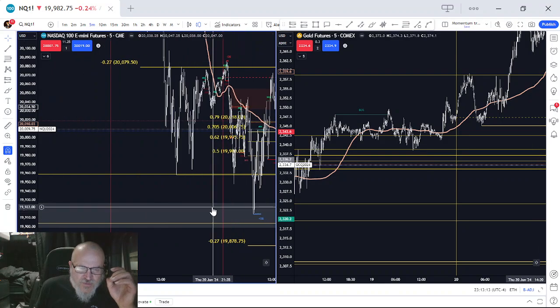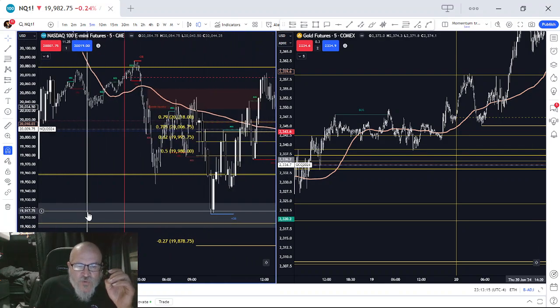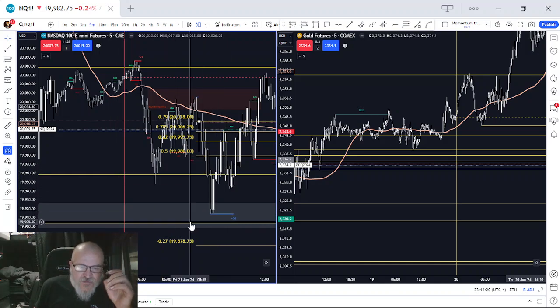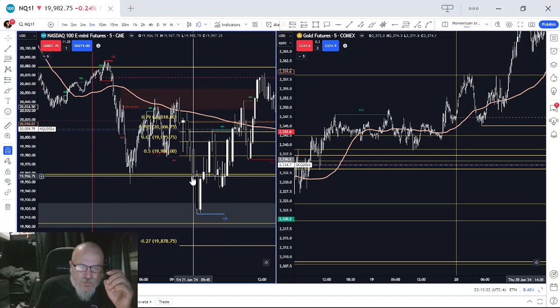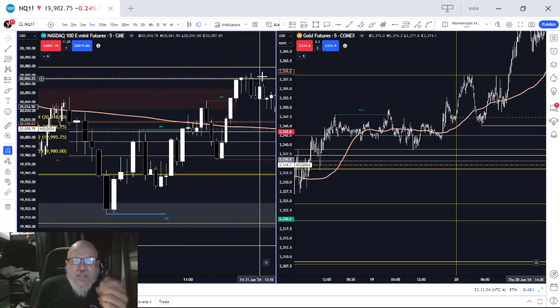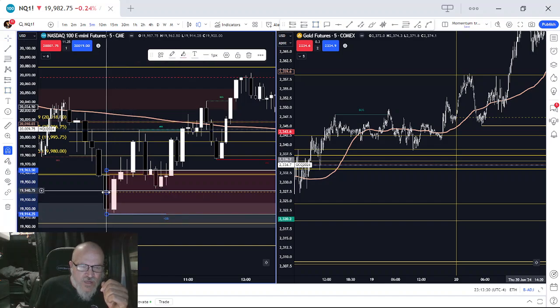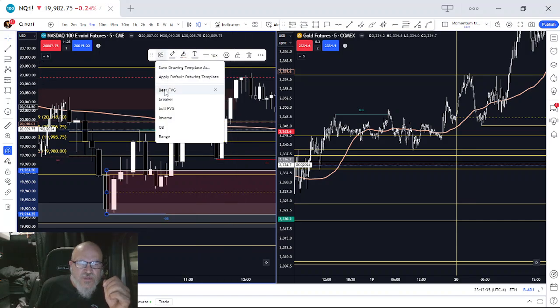That's the gray bar. So there was an order block before that got inversed, and now it's come down and that held and it made another order block. Well, where is that order block? Well, if we take the last down candle and we draw this order block in here, this is what we have.